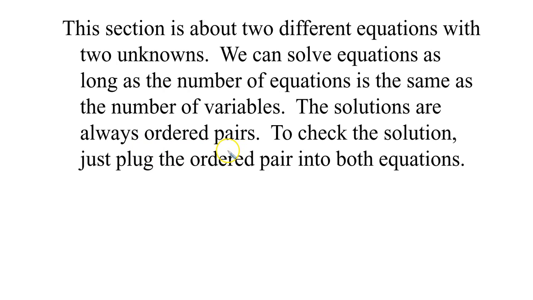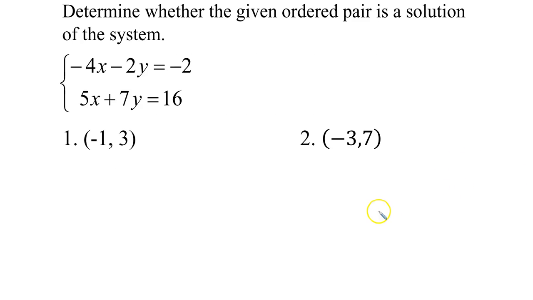To check those solutions, we simply plug the ordered pairs into both equations to see if we get a true statement. We'll begin by checking to see if either of these 2 ordered pairs are actually a solution to this system.